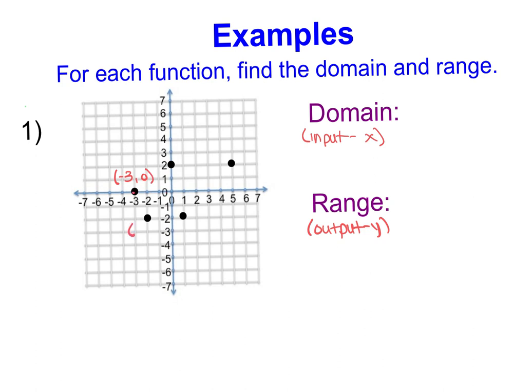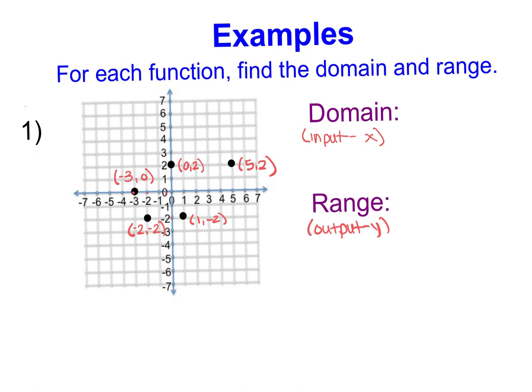Then from here, this coordinate here, x is -2 and y is -2 as well. For this coordinate here, I have x is 0, y is 2. For this coordinate here, I have x is 1, y is -2. And then for this coordinate here, I have x is 5, y is 2. So I can see here that I have coordinates with x and y coordinate parts for each point.